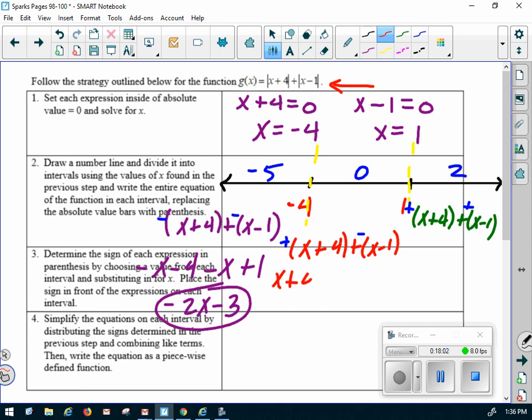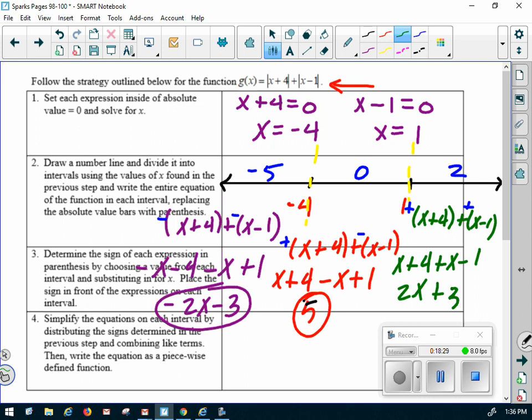So that's going to give me x plus 4 minus x plus 1. What's that give me? Just 5, isn't it? Last set, I'm going to distribute a positive 1 to both sets of parentheses. X plus 4 plus x minus 1. It's going to give me 2x plus 3.